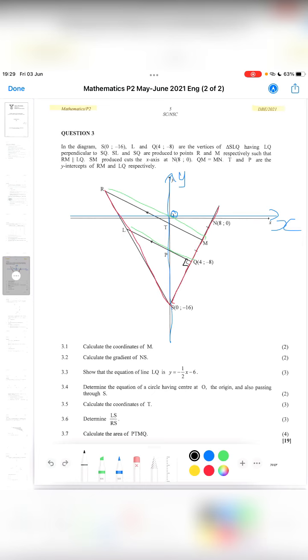Because you attend Mr. Sibanda's lesson, he tells you that if you have parallel lines, they've got the same gradient. So for the fact that this line forms a 90-degree angle there, and this line and that line are parallel to each other, that means also there we are having a 90-degree angle, which is something that the examiner doesn't tell you, but they expect you to know.